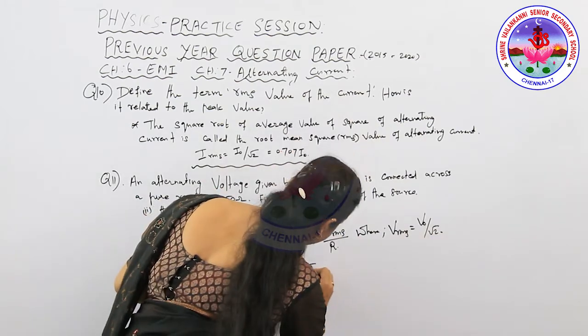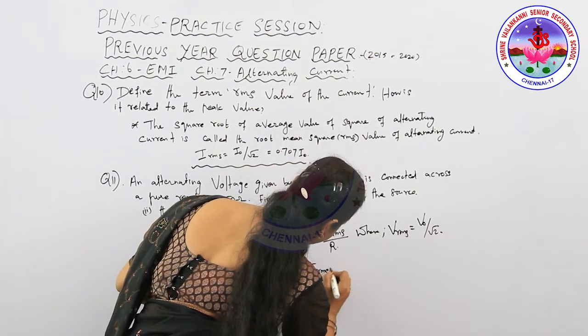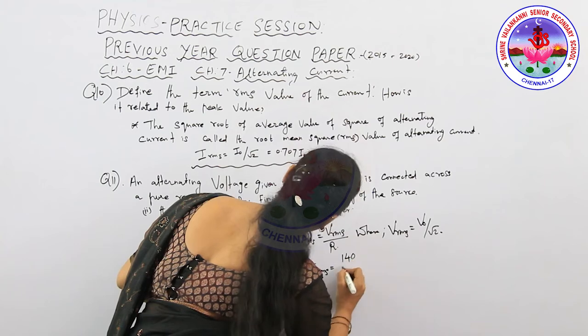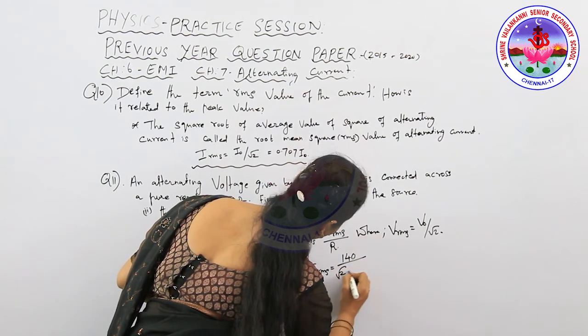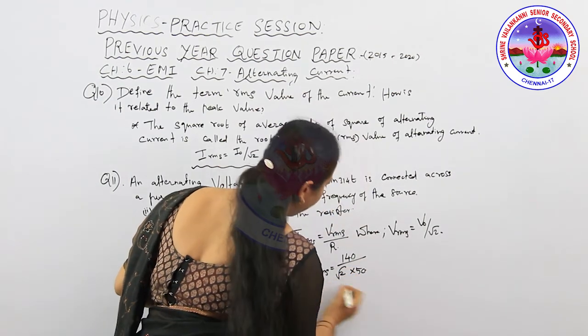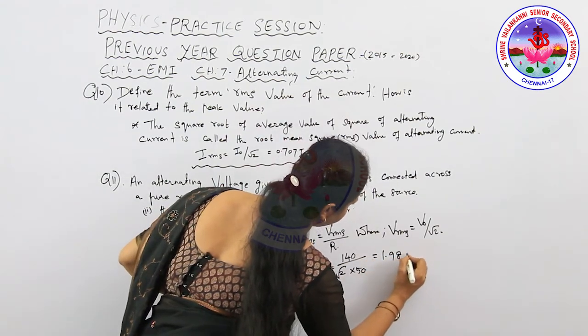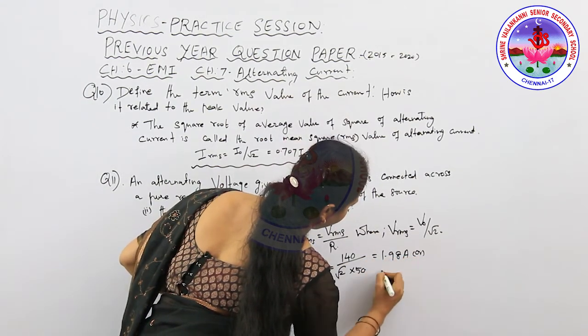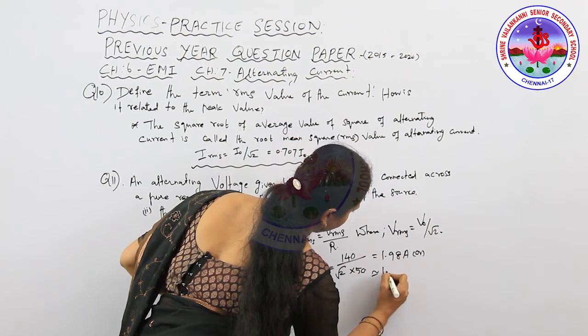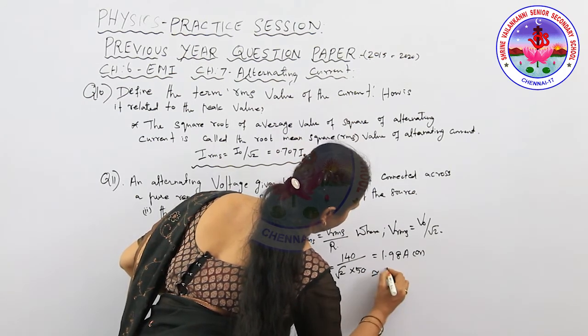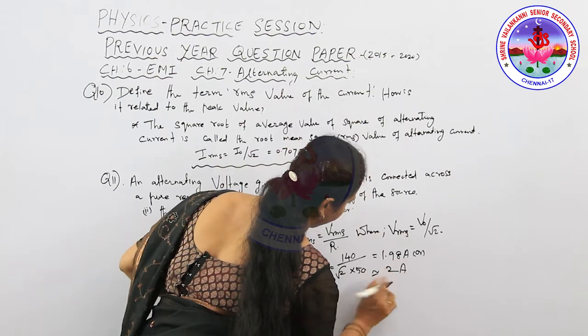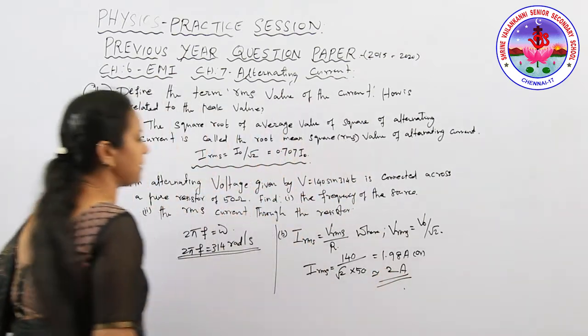So we can write IRMS is equal to 140 divided by root 2 into 50. By simplifying this, we get 1.98 ampere, or approximately 2 ampere. Okay, so this is the IRMS value.